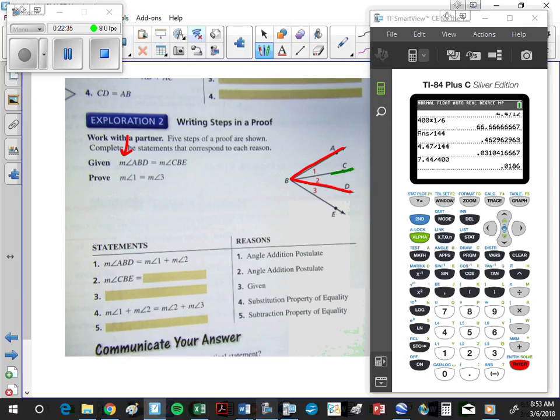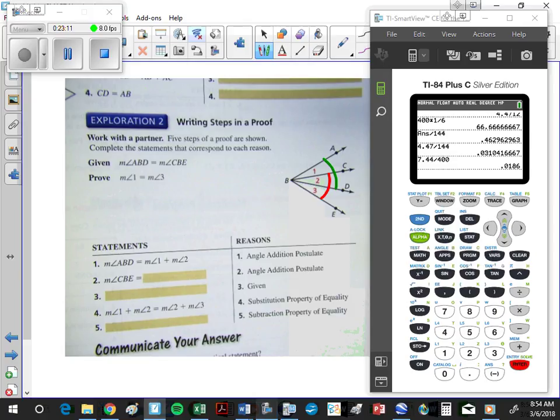So this angle right here, prove that 1 and 3 are the same size. Okay, so I know that this angle is just as big as that angle. And we want to prove that 1 and 3 are the same size. Now, we're missing some of the statements, so we'll have to do statements as opposed to reasons.